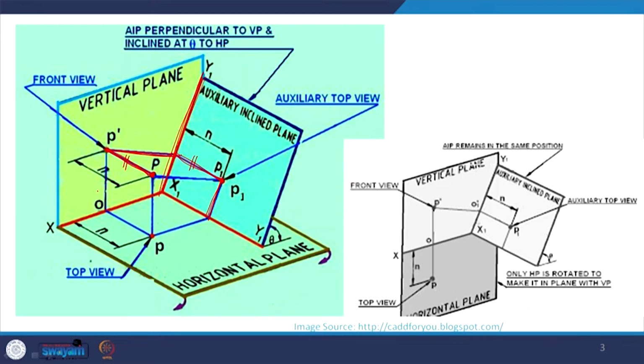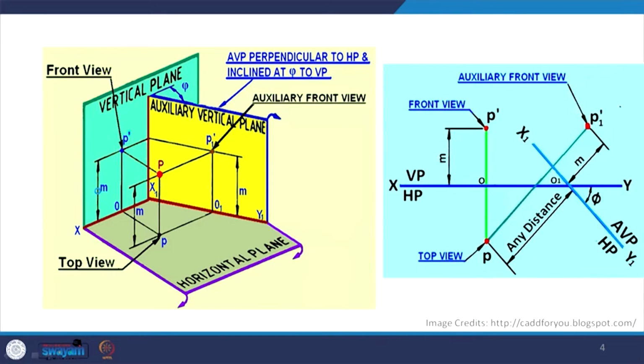Now the other case is when this auxiliary plane is perpendicular to HP. In that case, the height remains the same. So the height will be exactly the same as we see in the front view, while the horizontal distance is just arrived at by drawing the projections. So in this case, we draw the auxiliary plane at whatever angle.